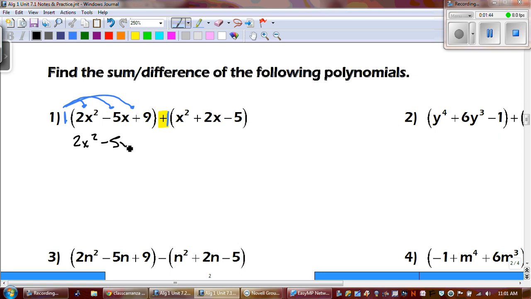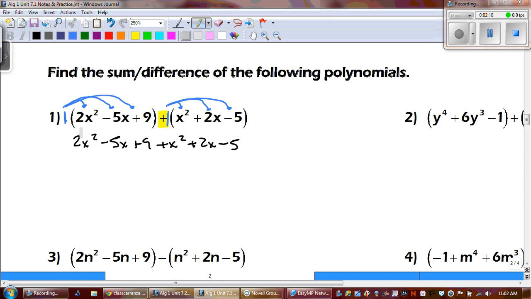Nothing changes. And on the back, once again, when we're distributing a positive 1, nothing changes. That's a positive x squared, a positive 2x, and a negative 5. They stay the same.